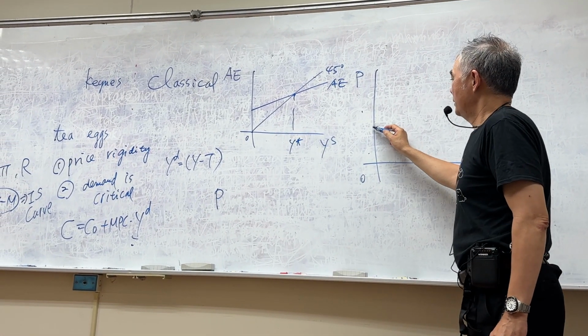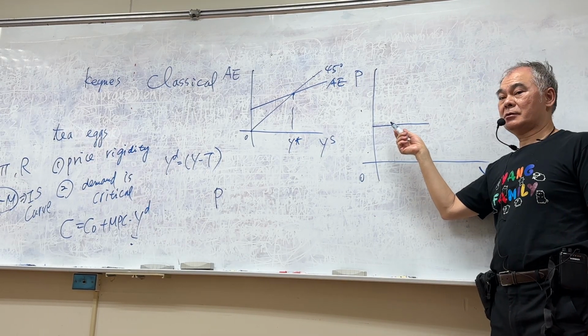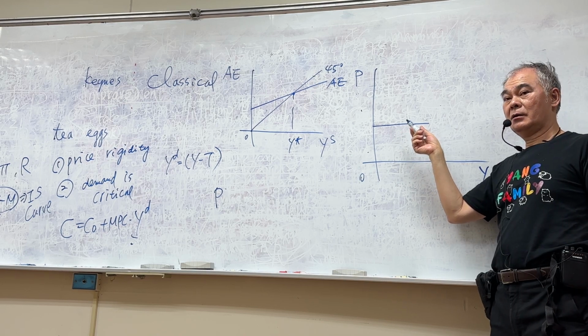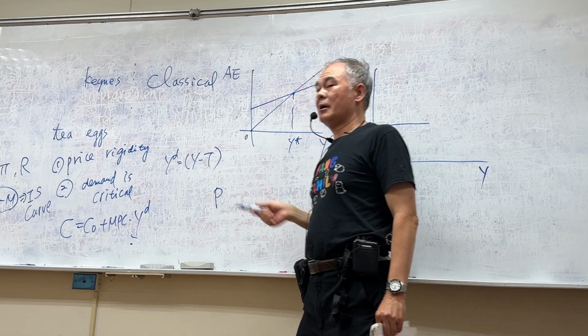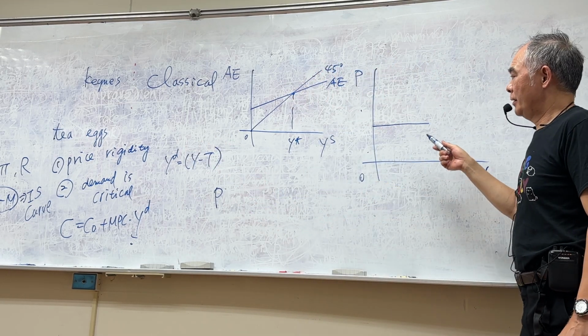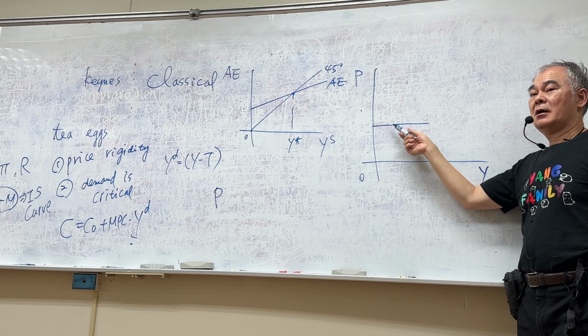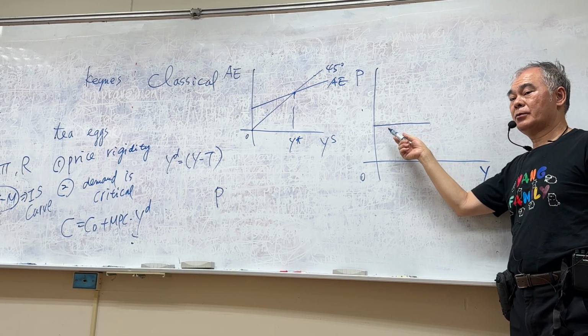Okay, supply, we assume there is a section that is horizontal, it means that it matches Keynes's idea, okay? When the economy suffers from a lack of demand, any kind of demand will not increase the price level.